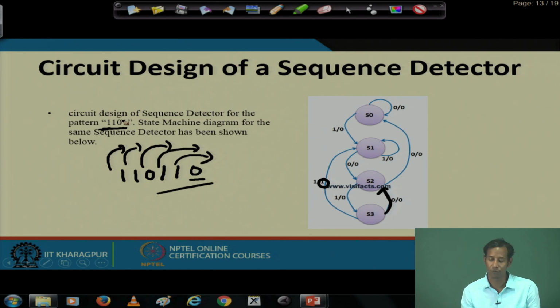So this is for today. Again, we will see how to draw the circuit which will detect the sequence of 101 in a data stream. Okay, thank you.